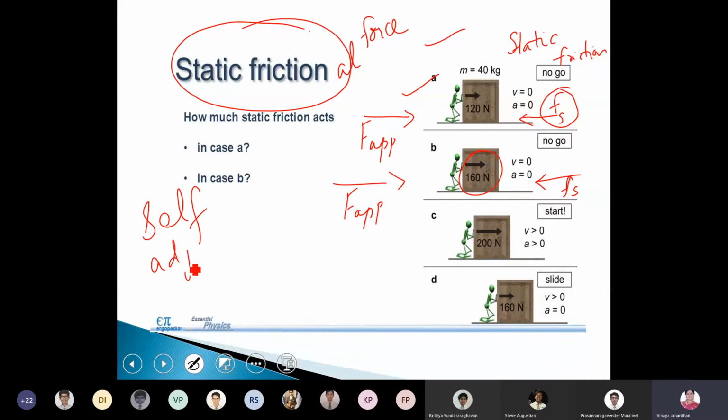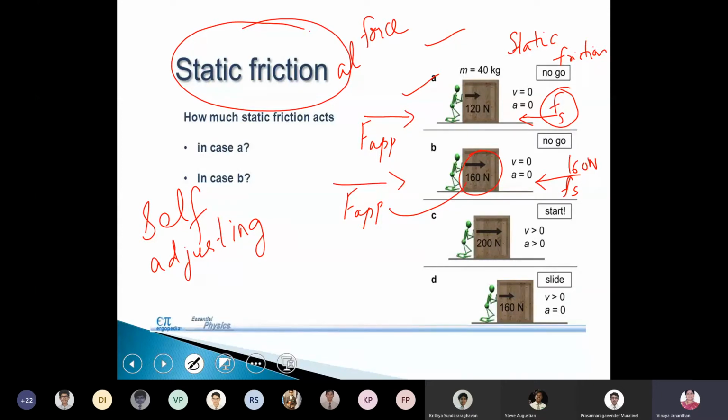Now, when you increase the applied force, immediately the frictional force will come into play, and this frictional force now becomes equal to 160 Newton acting in the opposite direction. So now you have applied a force of 160 Newton. Your frictional force now adjusts itself and it also becomes 160 Newton.